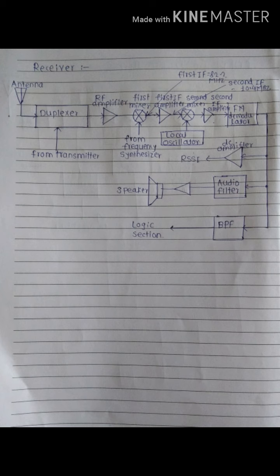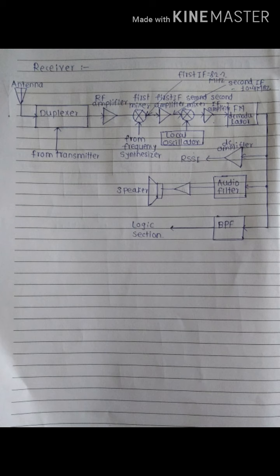In the second mixer, a second down conversion takes place. The inputs of this mixer are the IF amplifier output and another input which comes from the local oscillator.